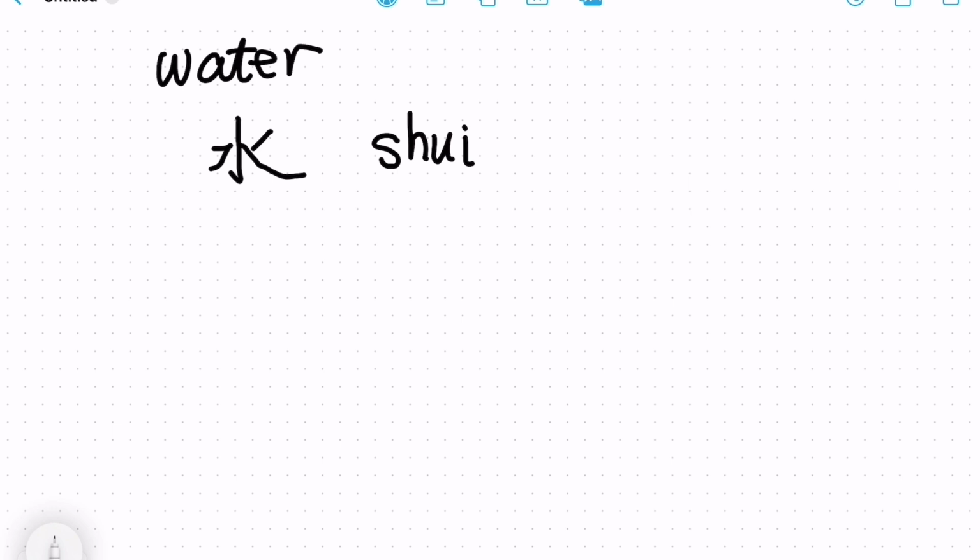And its tone is denoted as a check mark. So this is called the third tone. So to remember the pinyin, it means you need to remember SHUI and the check mark.